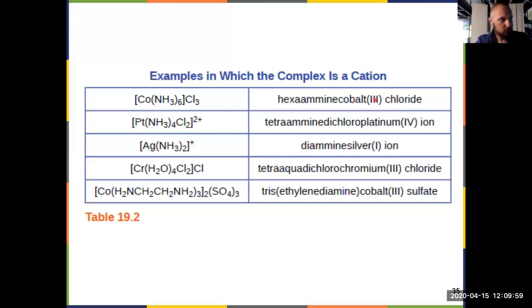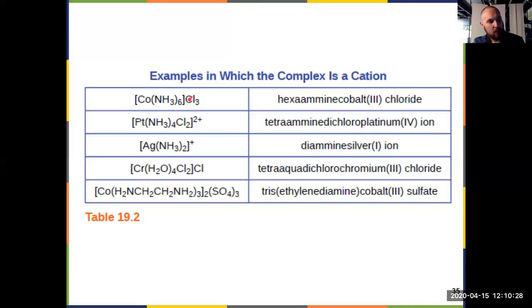Well, ammonia, the amine ligand, does not have a charge. So that doesn't affect anything. What I'm looking at is the fact that my overall complex, which is represented in brackets here, is countered by 3 chlorines. Chloride is just a counter ion in this situation. I know I've got enough chem knowledge from last semester and what we've done so far this semester that chloride always has a -1 charge.